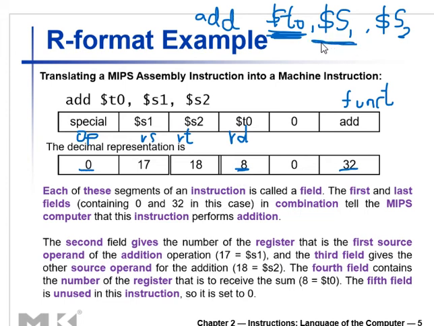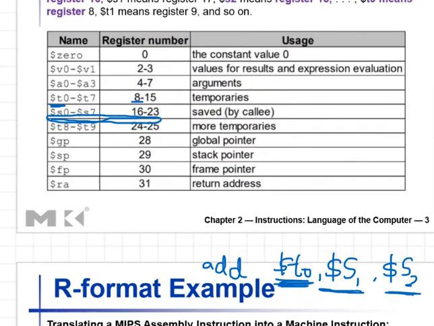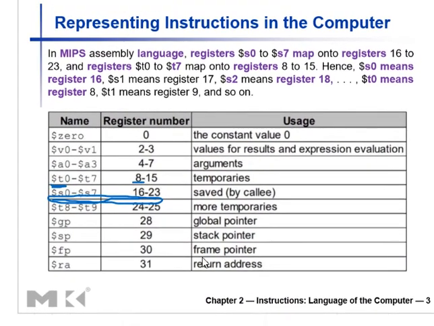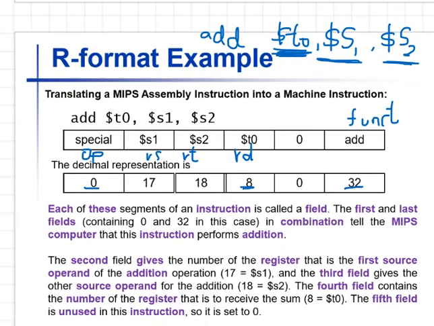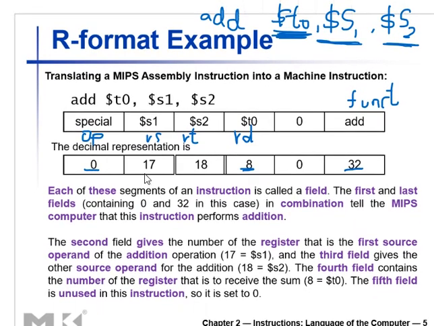It is the source 1 register. $s2 means the source 2 register, the second source. So let's look into the sources $s1 and $s2. It's written here. $s0 means 16, so $s1 is 17 and $s2 is 18. Can you see? $s1.